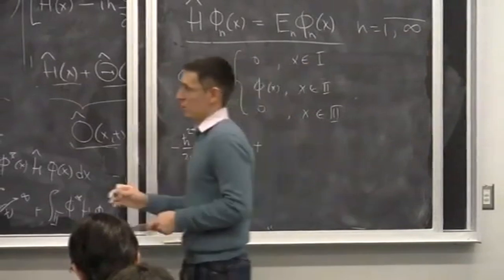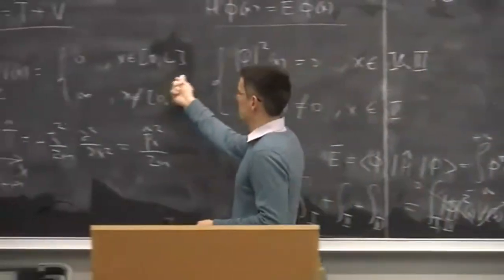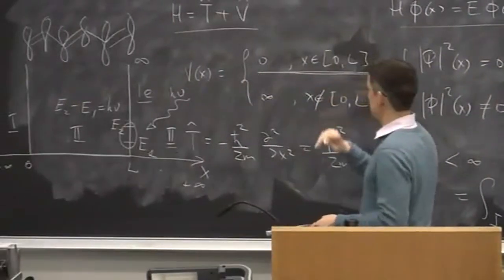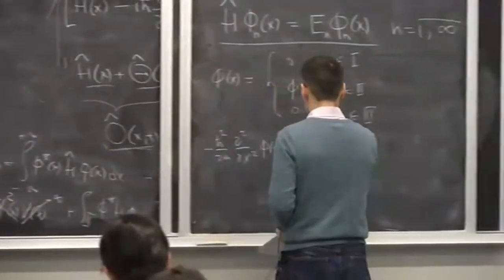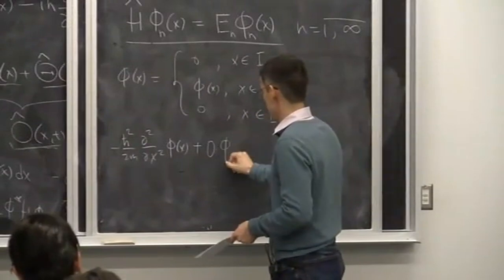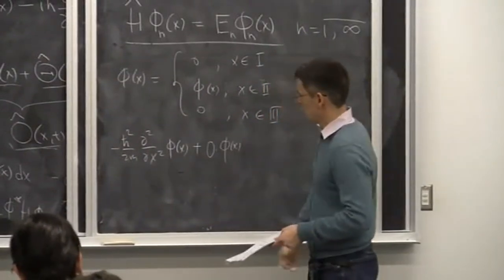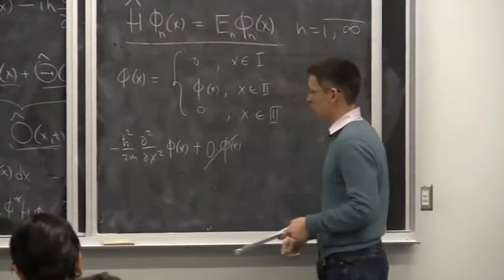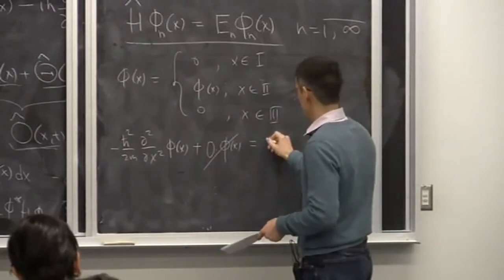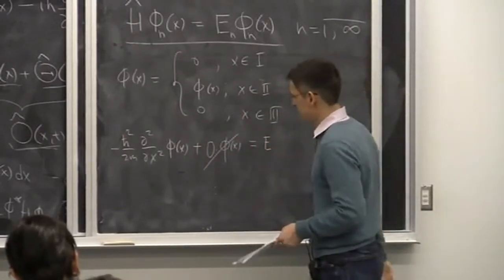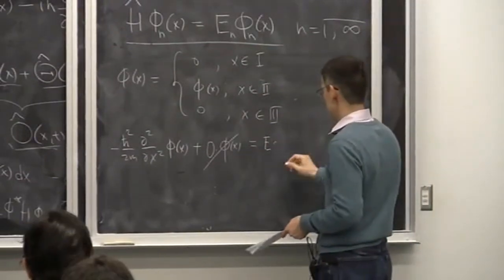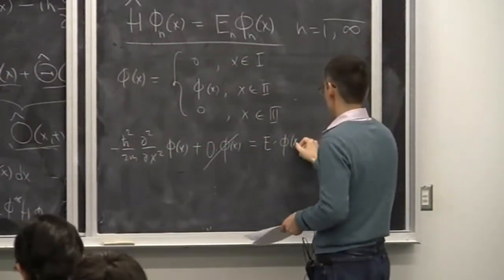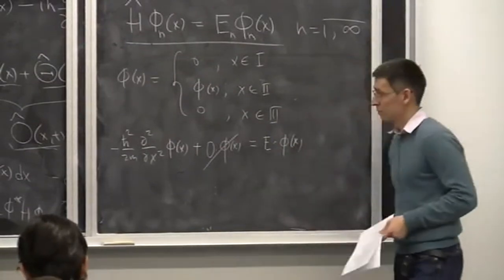But if we look at the potential energy in the second region, the potential is 0. So we have 0 multiplied by the wave function, which essentially means that we don't need to account for this term. And we have energy, some constant, multiplied by the function. Okay?